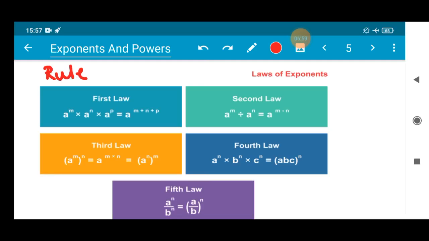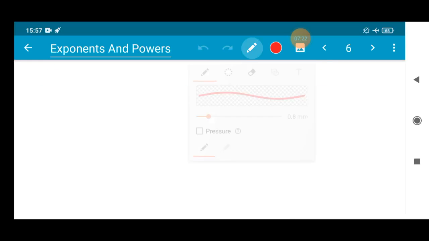Now similarly for exponents, we also have certain rules. The rules given here are the first, second, third, fourth and fifth law. But these are very easy, very understandable. I hope you will understand it. So let us discuss the first law. I'll be writing the first law here and showing you an example.